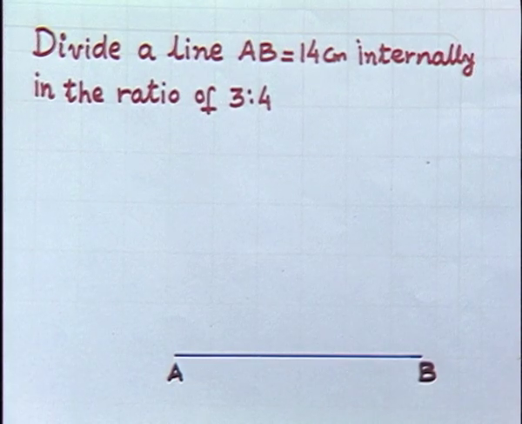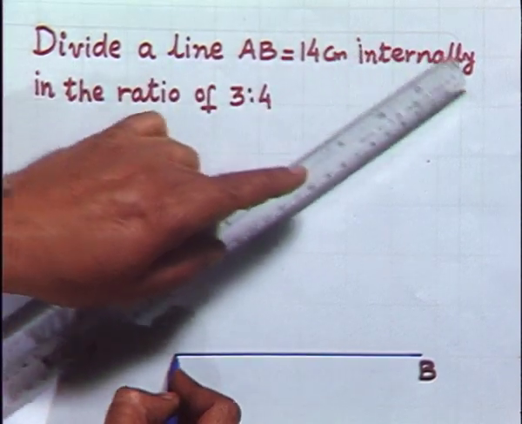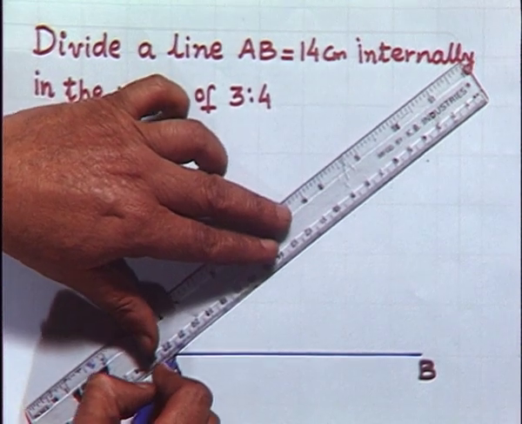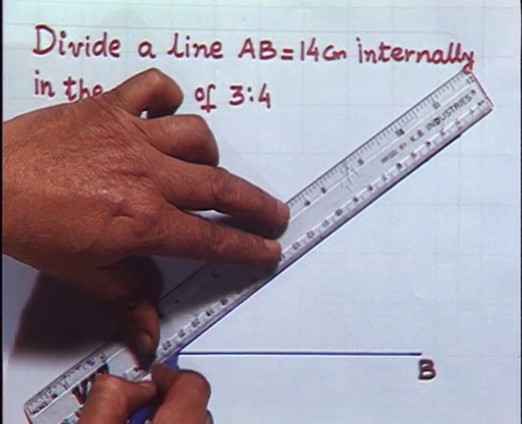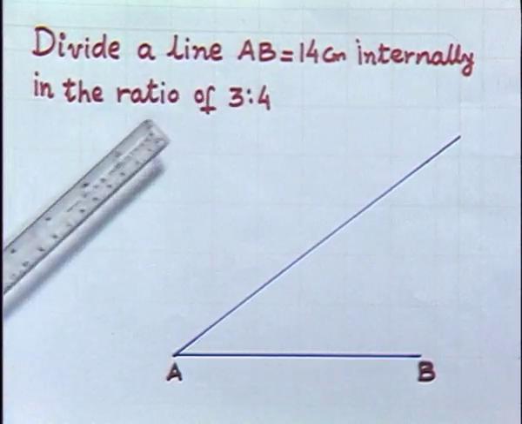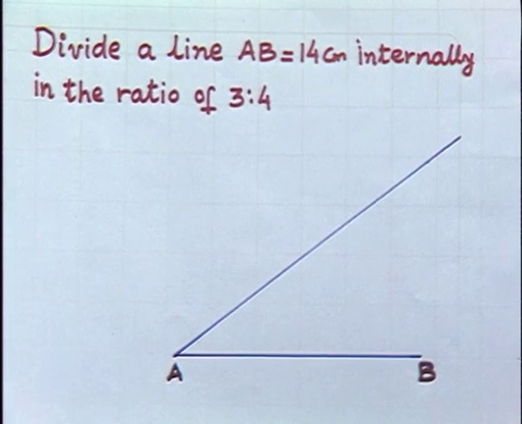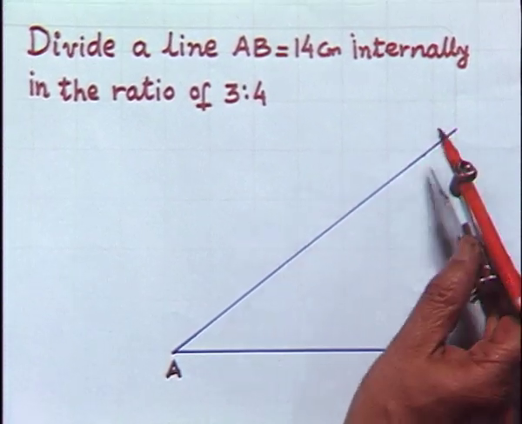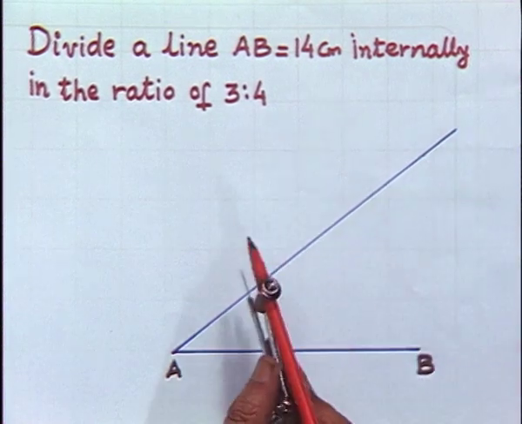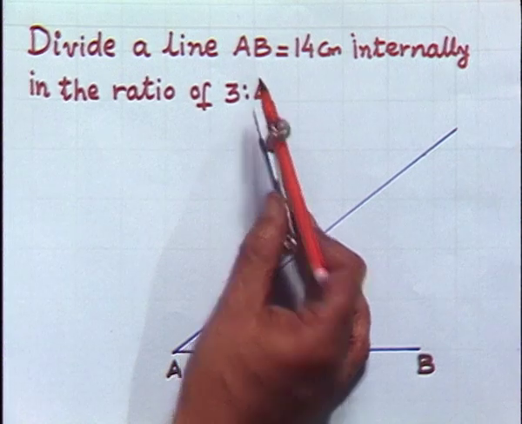After that, we shall make at A any convenient acute angle. After having done this, we will divide this line in 7 equal parts, which is nothing else but the sum of the ratio, that is 3 and 4.